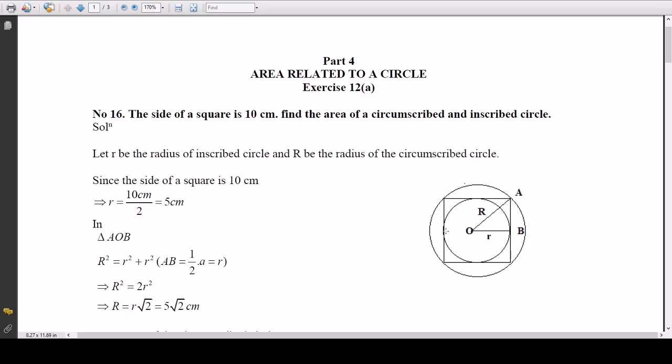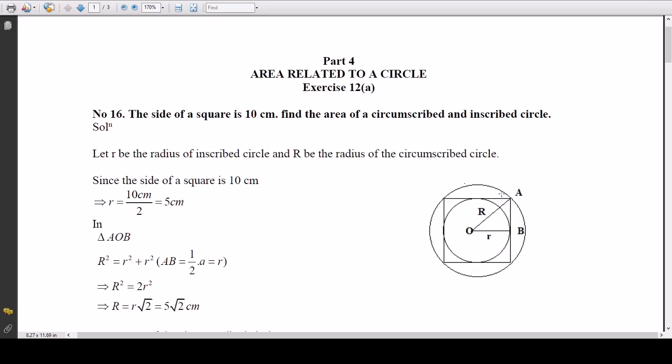Therefore its radius will be half of the length of a side, and since the length of a side is given to be 10, the radius of the small circle will be 10 divided by 2, which is 5 centimeter. Okay, now we have got the smaller circle of radius 5 centimeter, and now we need to find out the radius of the bigger circle.